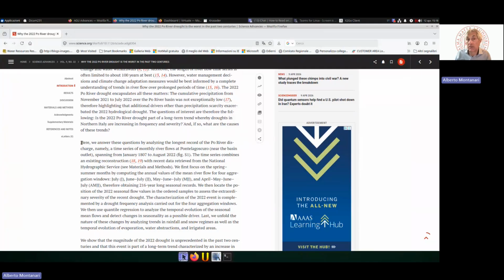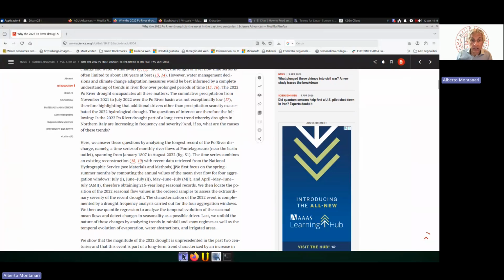I am an expert of the subject, and therefore I realized that a series of river flows that covers a period of more than 200 years is an exceptional piece of information. We have not many so long series at the global level in the world. We don't have many of them. So I understand what is the main interest of the paper.